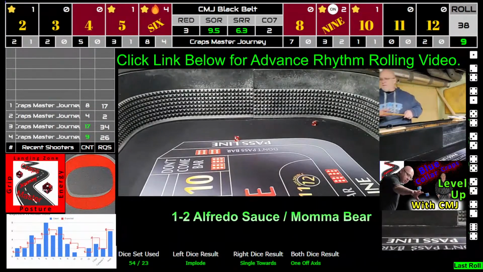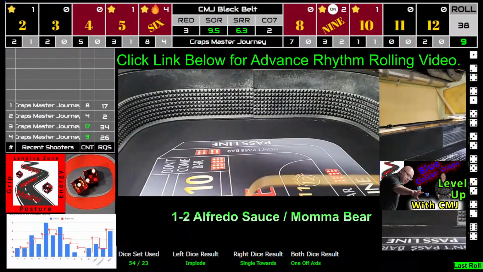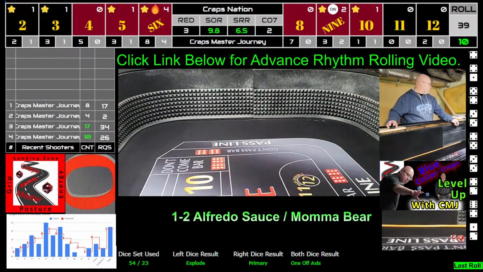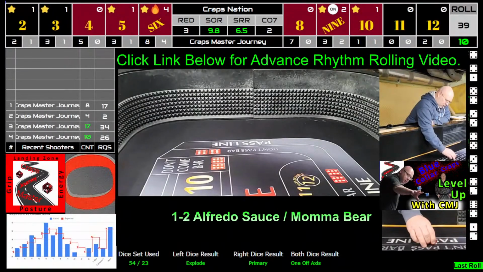So that leaves us the 4 for the small. 5, 4, 2, 3, and we got an ace deuce result. Need the 4 for the small. That was no help for us. For me, at least. 4, 2, 3.